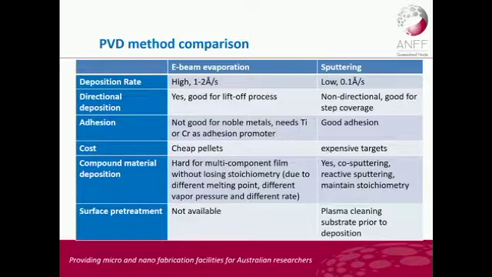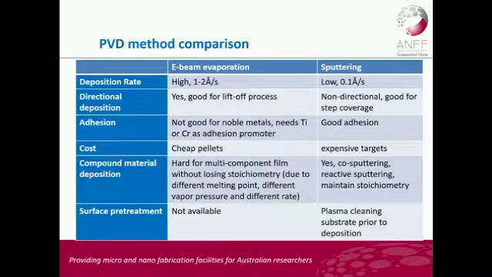Usually for e-beam, you can just have a very little pellet, and then you can use it. For sputtering, you need to buy the whole target material, which is much more expensive. Like for gold deposition, for e-beam, you can just spend $100 to buy a small pellet. But for the target, it costs more than $10,000, so usually we don't use gold sputtering.